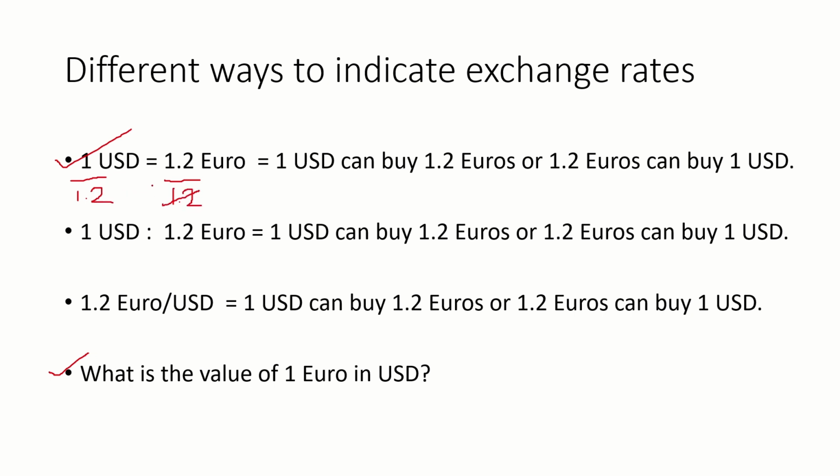So what happened is, now this side is equal to 1 euro and this side equals 1 over 1.2. Now we have the 1 euro value in US dollars, which is 1 euro equals 1 over 1.2 US dollars. Like that, you can convert between exchange rates and find the unit value in the other currency.